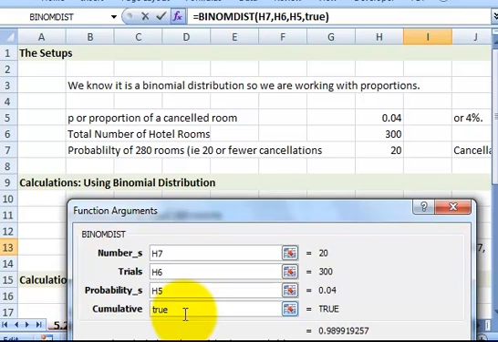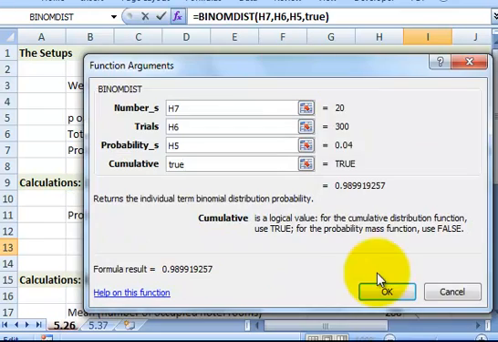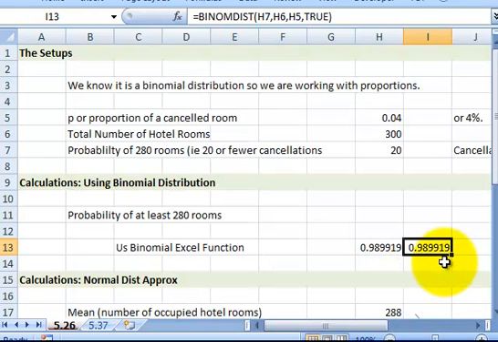So we'll say okay, and we'll get about 99%. So there's about a 99% chance that we will have at least 280 rooms occupied, and that can help us with staffing, etc.